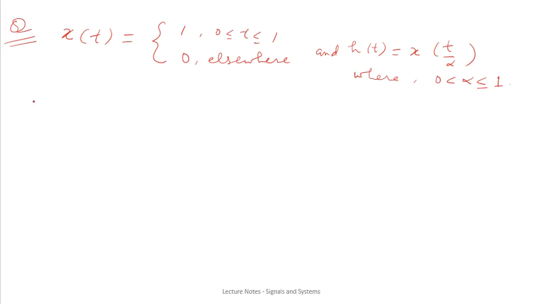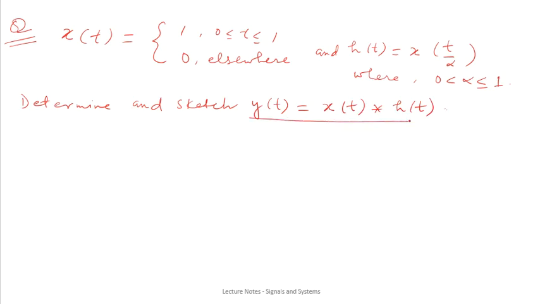So the question is that you have to determine and sketch the convolution of these two signals, that is x(t) and h(t). So this is your problem statement.